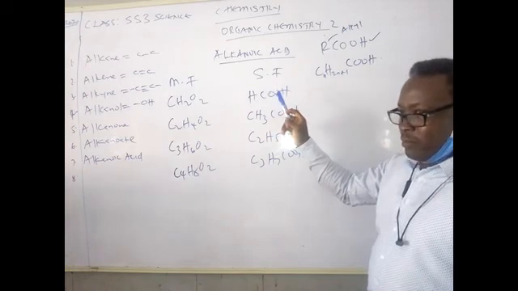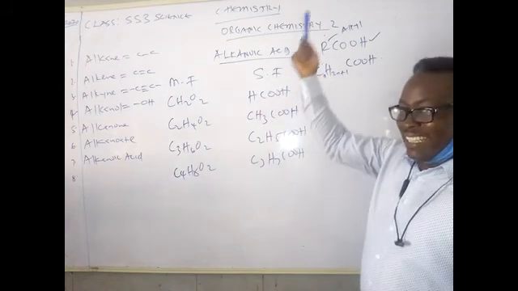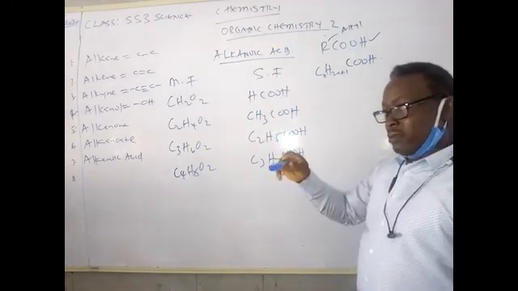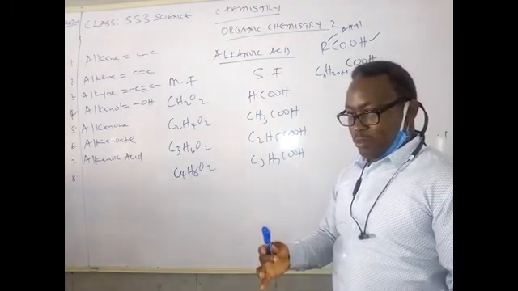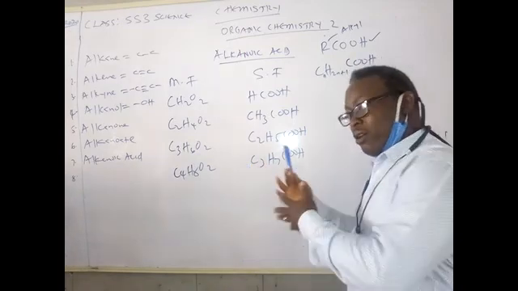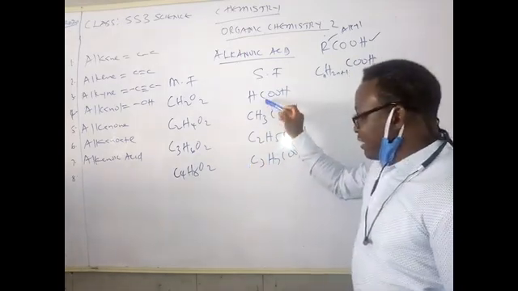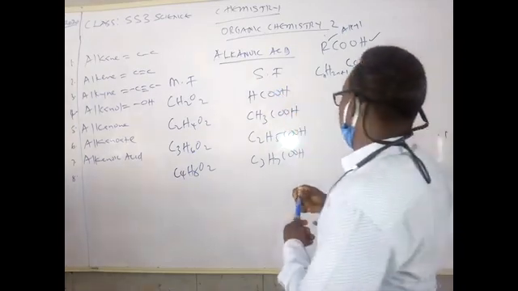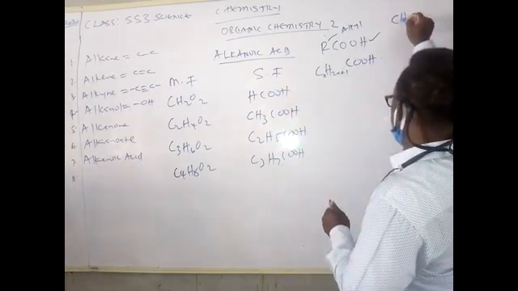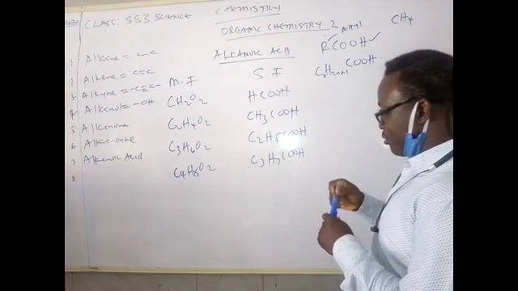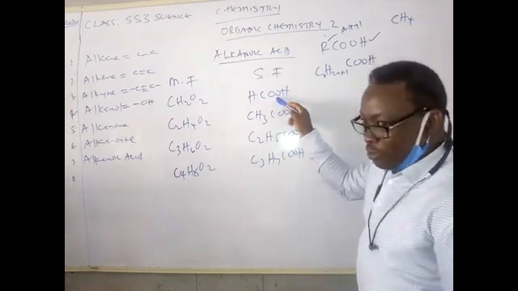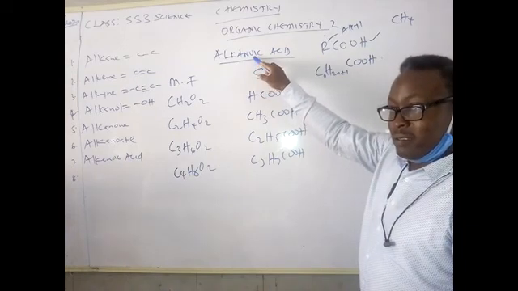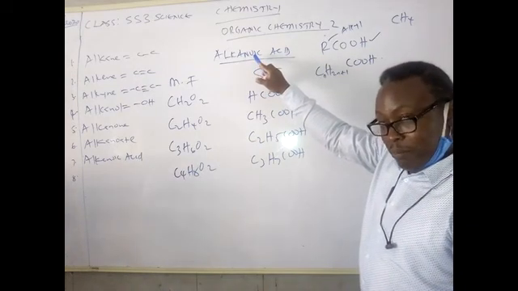And when you are naming, you make reference to alkane, which is the original homologue that we use to name others. Since it has 1 carbon atom, and methane, which is written as CH4, has 1 carbon atom, this will be methanoic acid, because we are discussing alkanoic acid as the family name.